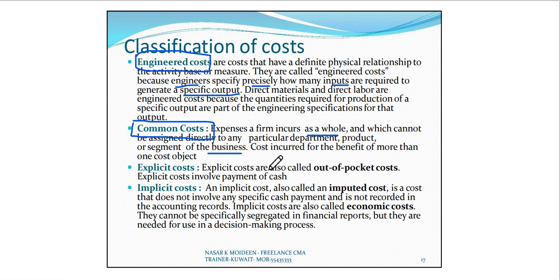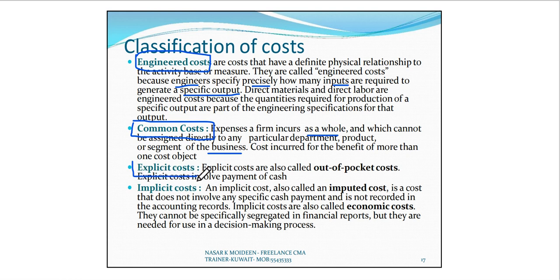So you will take this cost, for example, if it is $5,000, you will allocate this $5,000 to all the 5 branches, $1,000 for each, based on different allocation bases that we are not discussing. So this type of cost we call common cost. It is incurred normally at corporate level, and it is shared between different segments of the business. These segments can be branches, or products or product lines, whatever it is. So it is distributed to multiple segments.